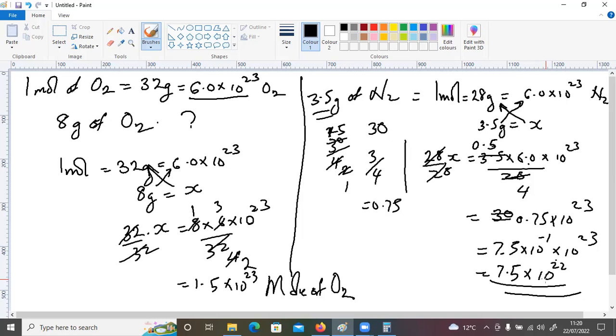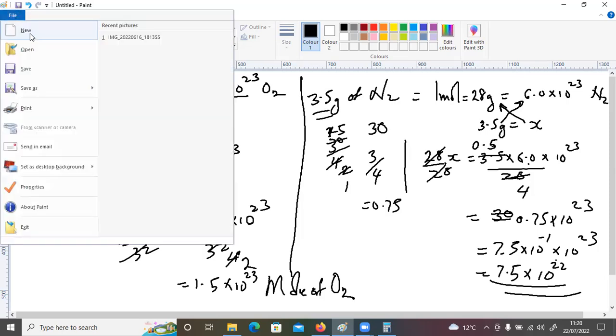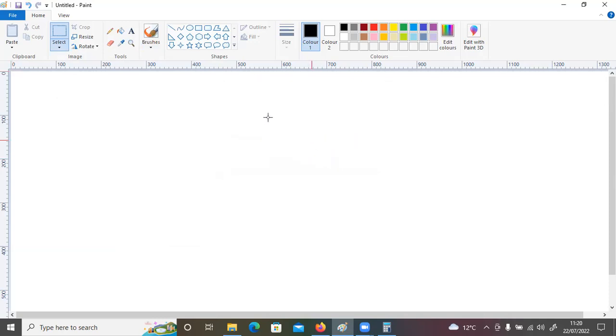What's the weight, how many moles are in 6.5 grams of carbon dioxide? We find the number of moles and the number of atoms.